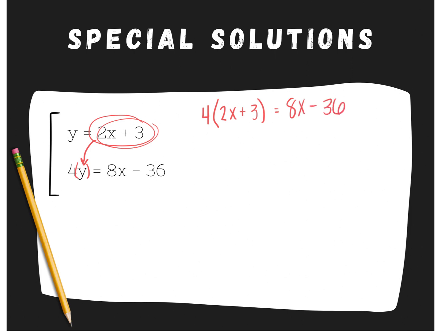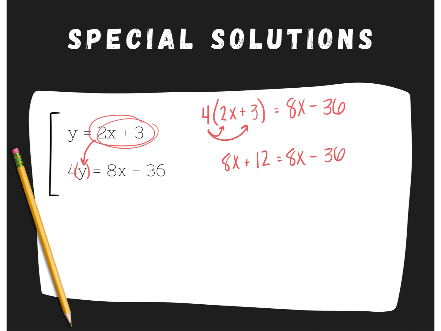Remember, when you plug in something, use parentheses, that just helps you make sure that you're multiplying 4 by everything inside those parentheses and nothing's getting missed. Now, I will distribute the 4 to give me 8x plus 12 equal to 8x minus 36.